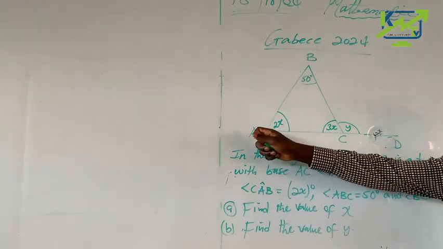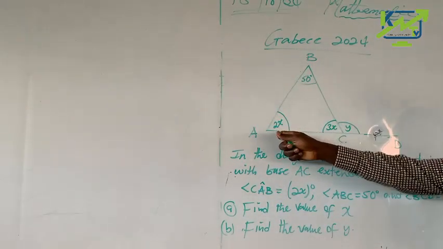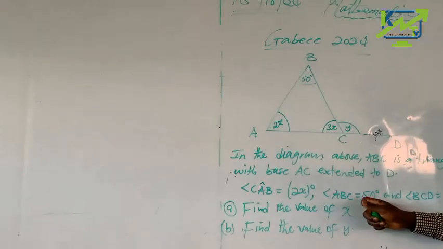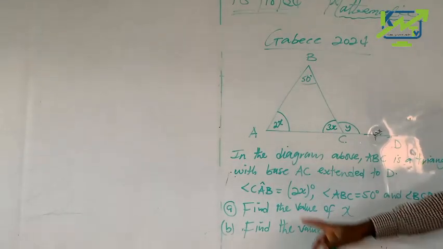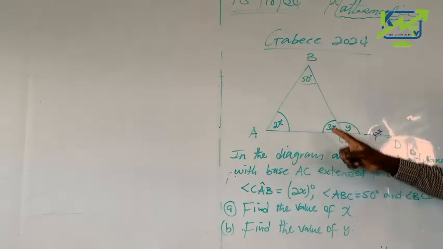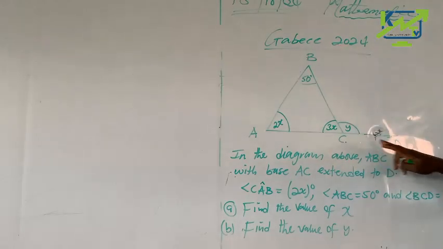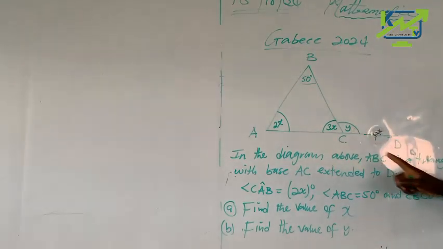So angle ABC is 50 degrees, as you see it there on the blackboard. Then we have another angle, angle BCD, that is y degrees, on the extended line.